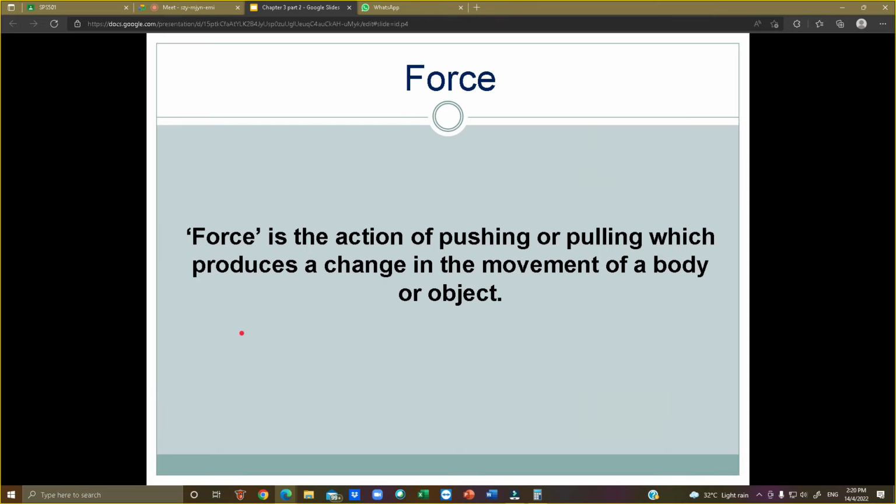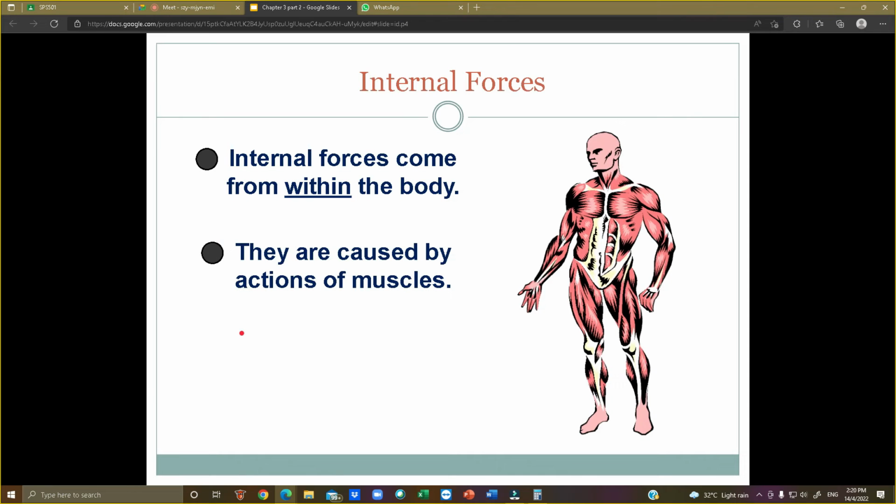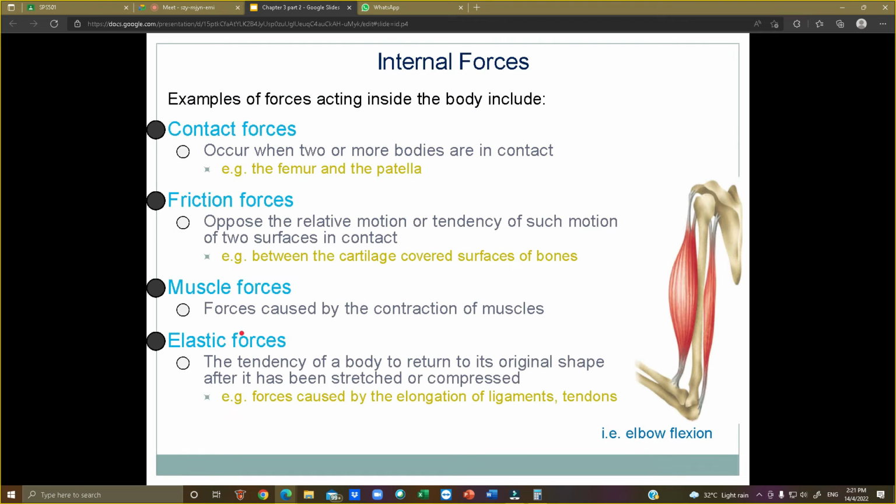Okay, so force is the action, and force comes from two different sources. It can be internal, it can be external. Okay, ni internal force. Internal force yang kamu kena faham is this one. Muscles. So most of the time, internal force is caused by contraction.